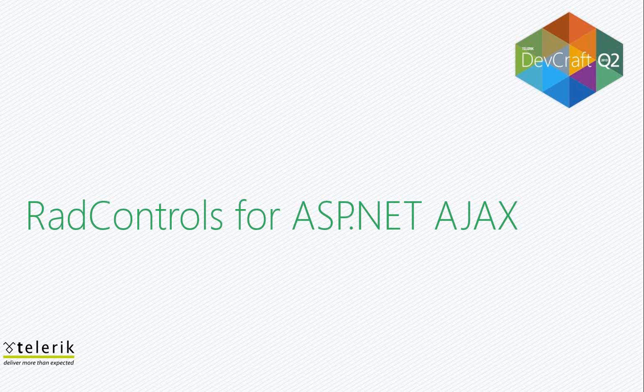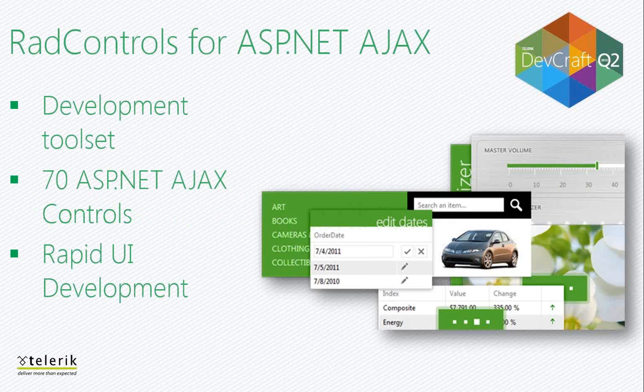We call it RadControls for ASP.NET AJAX. Many of you might already be using this or might have already heard about it, but for the benefit of those who have never heard of it, let's take a quick look at what exactly this suite is. It's basically a developer suite, a development tool set. 70 ASP.NET AJAX controls help you in rapid UI development.